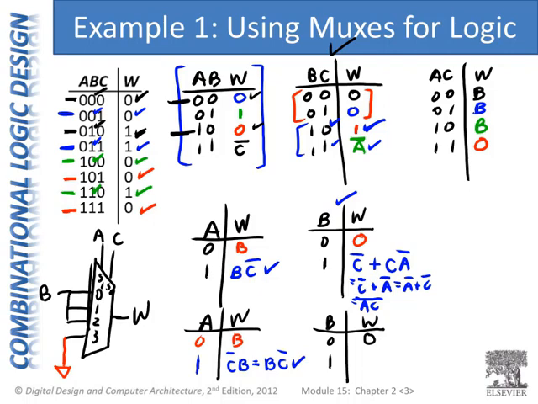And then B is 1 in that row and that row. So the way we can get a 1 is if A is 0. So A bar and 1, if you want to do it that way, A bar.